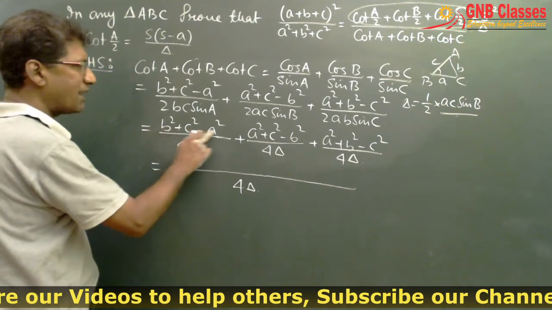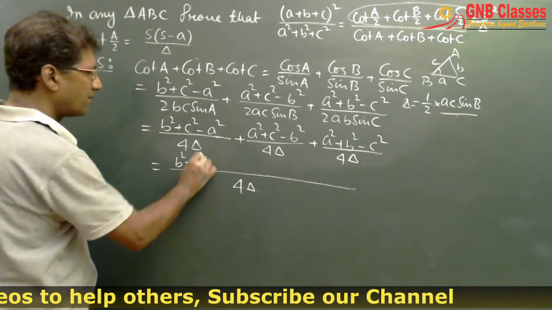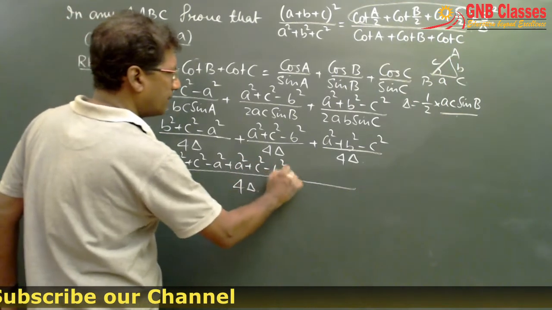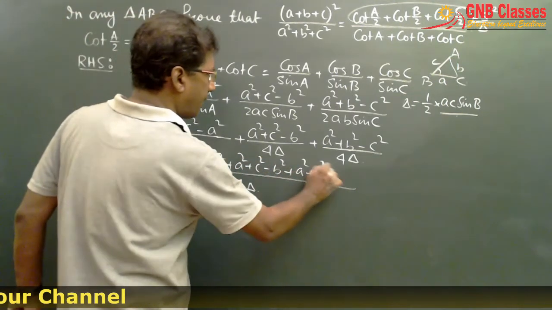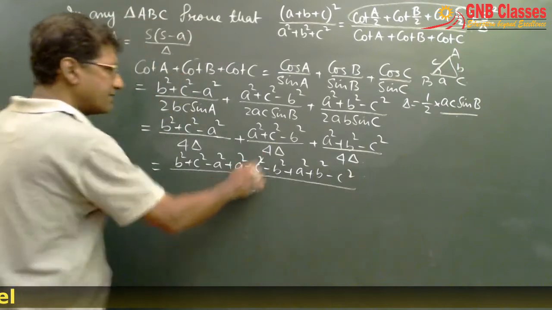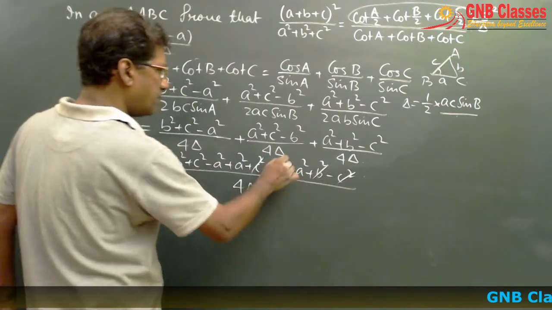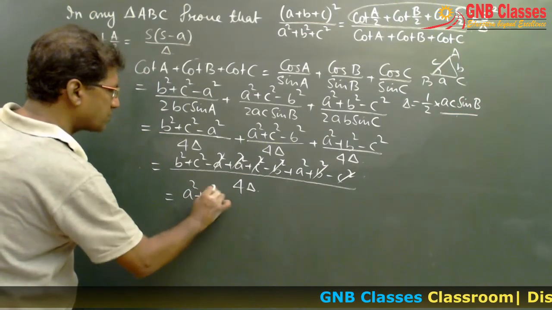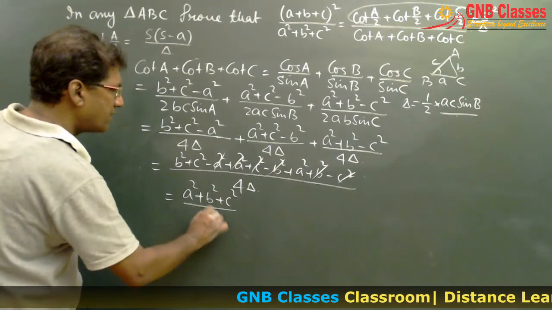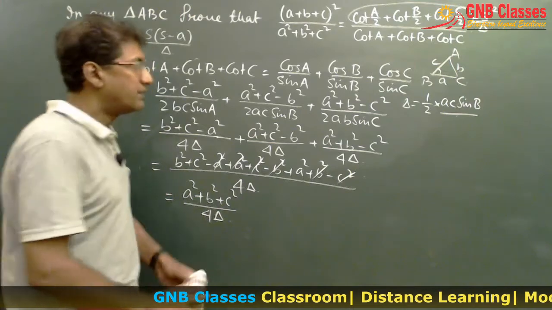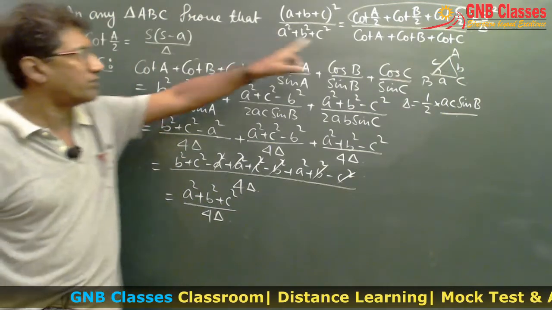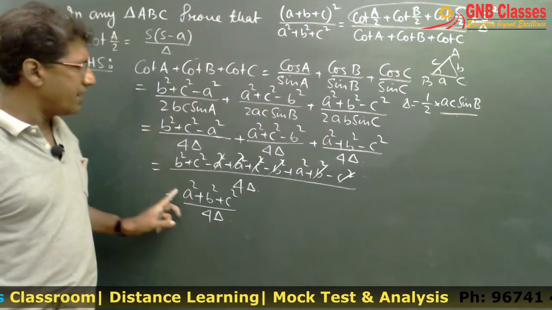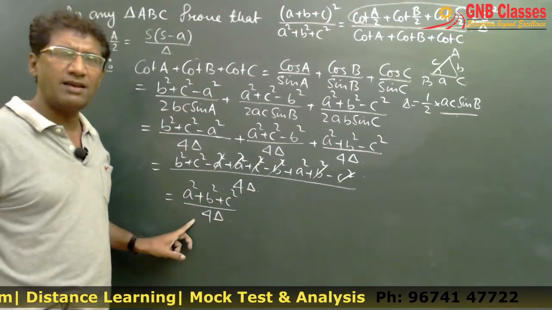B square plus C square minus A square. Is it clear? C square goes off, B square goes off, A square goes off. So A square plus B square plus C square divided by 4 del. Is it clear? Therefore, the denominator of the right hand side, which is nothing but your cot A plus cot B plus cot C, gives you A square plus B square plus C square divided by 4 del.